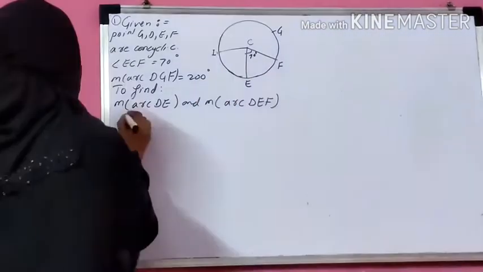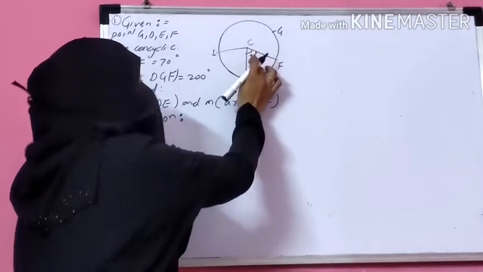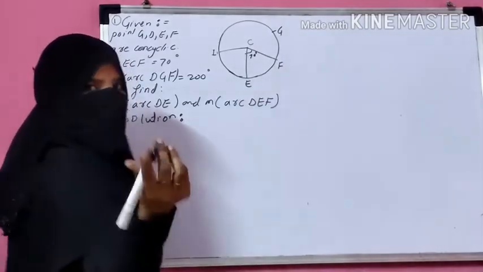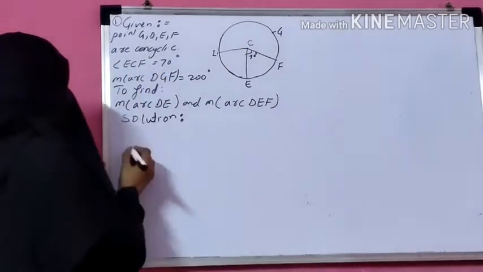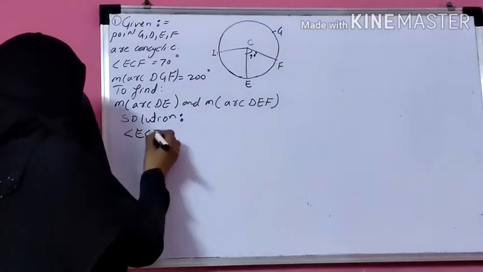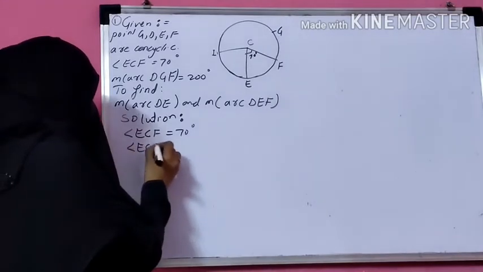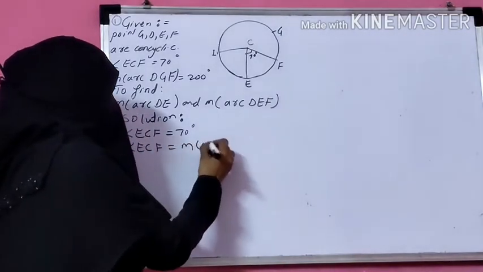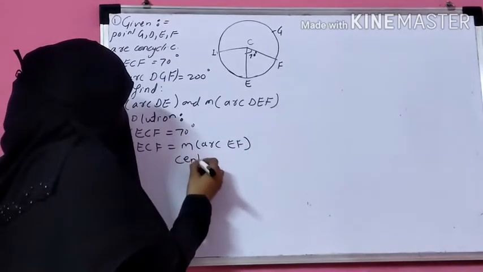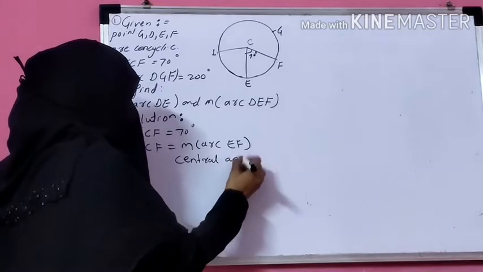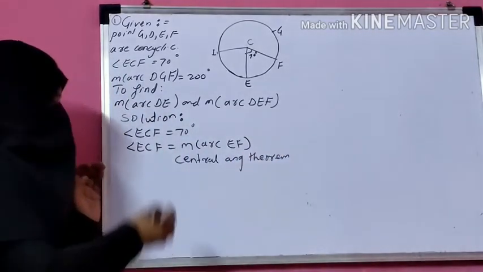Okay, got it? Solution. First of all, this central angle is given, and the measure of a central angle is equal to the measure of the arc. Or you can say that the measure of an arc is equal to the measure of the central angle. Angle ECF is equal to 70 degrees. Angle ECF is equal to the measure of arc EF. Why? By the central angle theorem. As I told you, the measure of a central angle is equal to the measure of the arc.